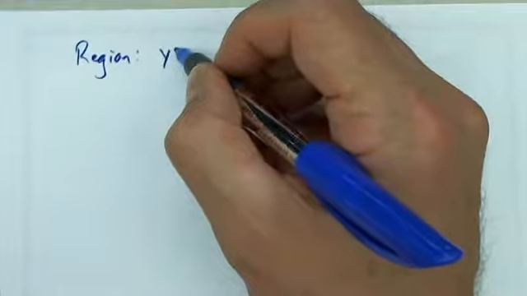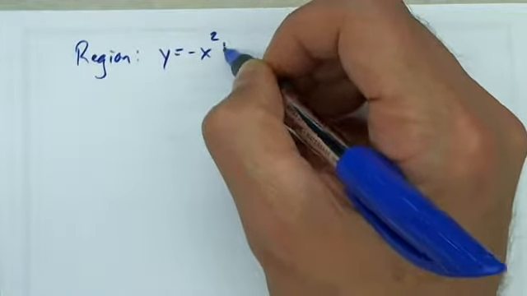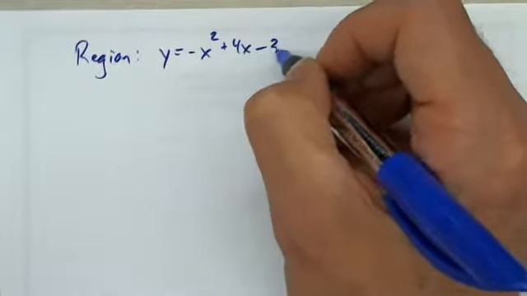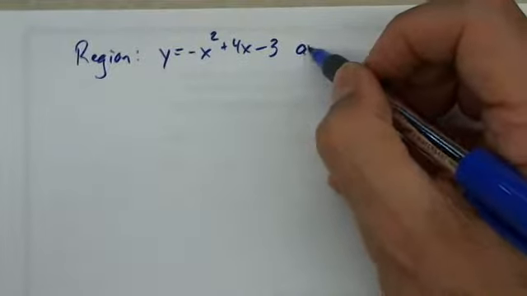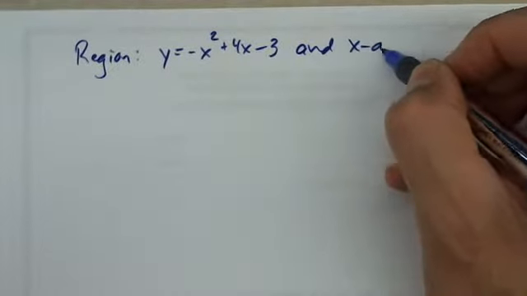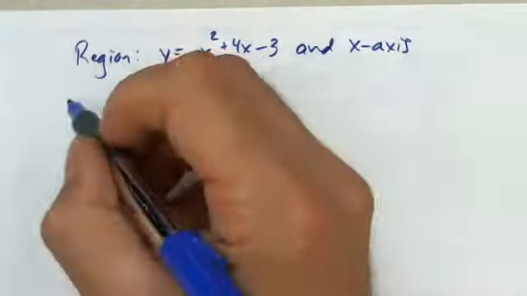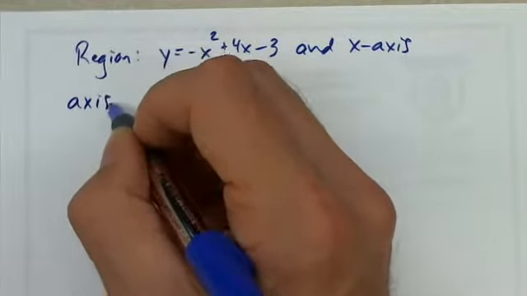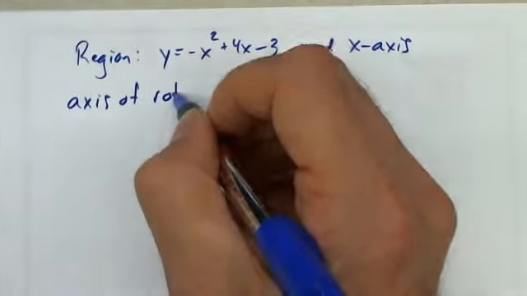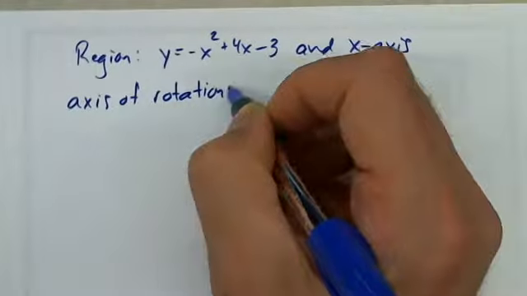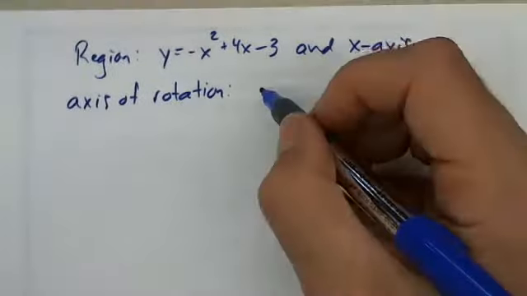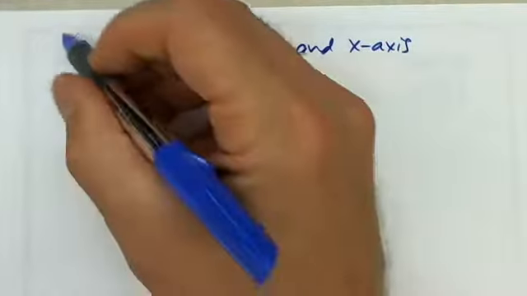So let's not write so much. I'll just say what the region is. The axis of rotation, x equals 4.